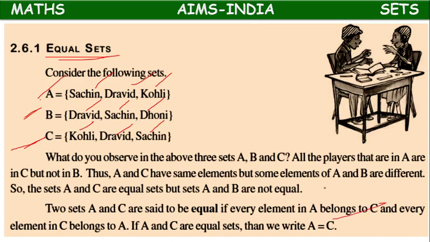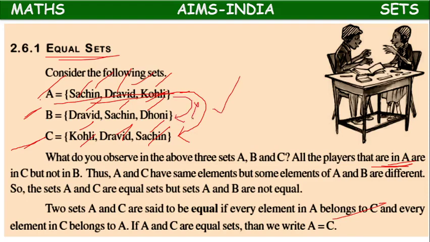All the players who are in A are in C. Kohli is there, Dravid is there, Sachin is there. Means all the players who are present in A are also present in C, but not in B.